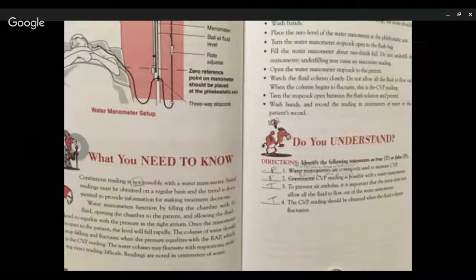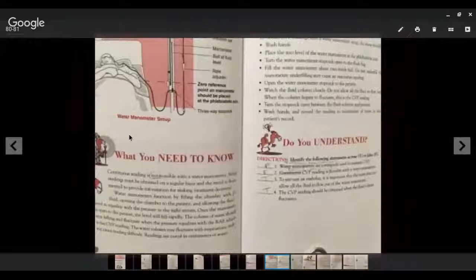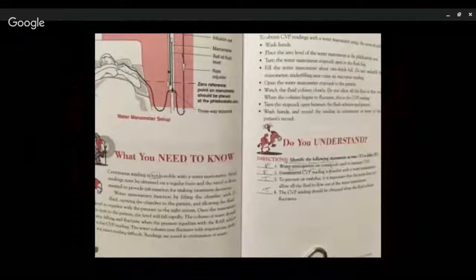The column of water should stop falling and fluctuate when the pressure equalizes with the right atrial pressure, which will give you the CVP reading. The water column may fluctuate with respirations, making readings difficult, so readings are noted in centimeters of water, and they're normally just an average.